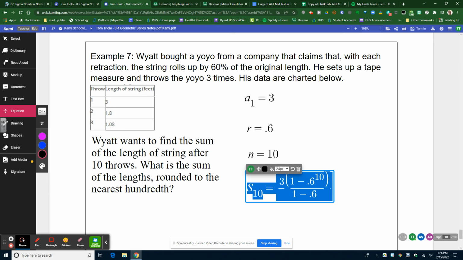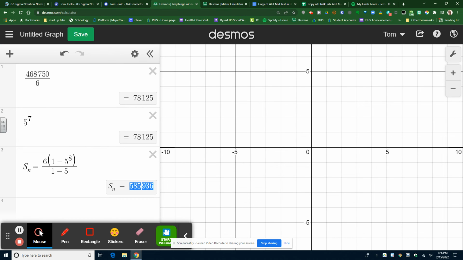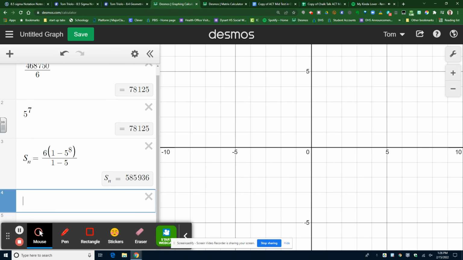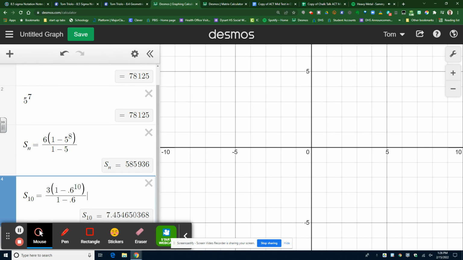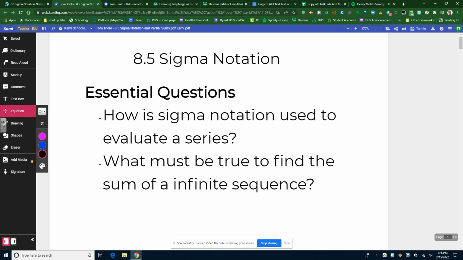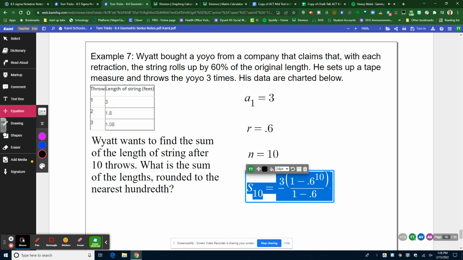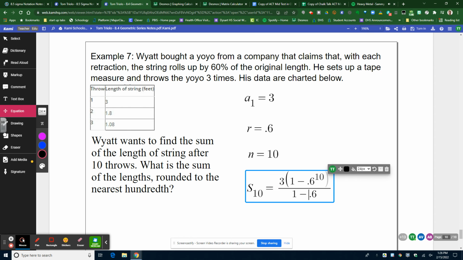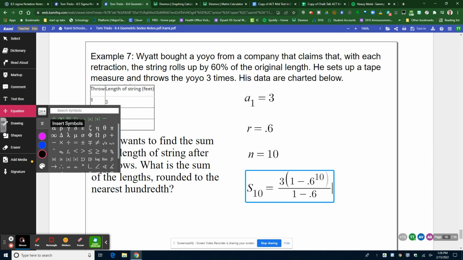Control A, Control C, Control V. I think I did this already. No, I did not. So 7.45 feet is the total distance it traveled over all 10 throws. Okay. Double squiggly because approximately equal to 7.45 feet.